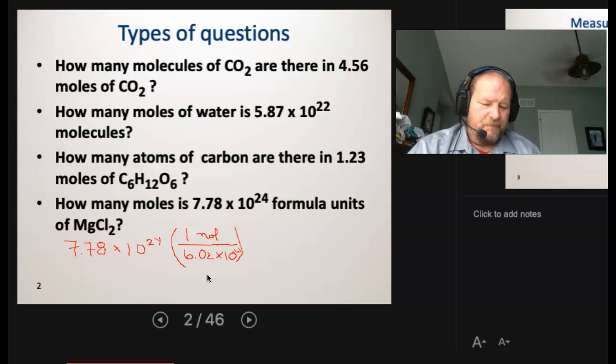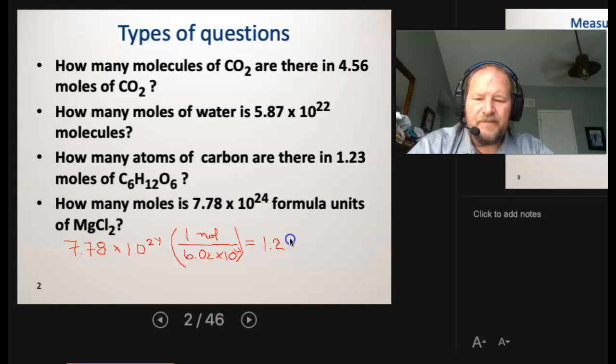And I'm going to take 7.78 divided by 6.02, and I get 1.29, 3 sig figs, times 10.